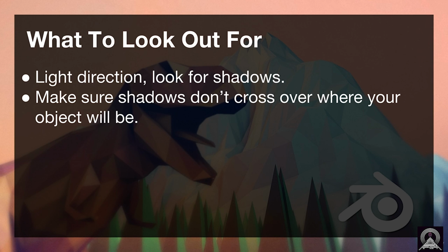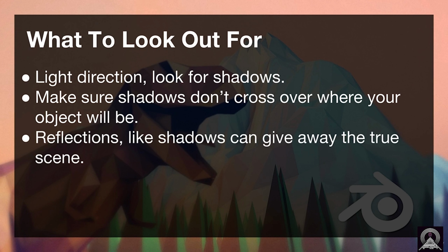Certainly there will be instances, if you ever go into this fully, where you will have to edit the actual picture or video and cut things out and mask things off, but we're not going to go quite that deep a dive in this section. Reflections are very similar to shadows. They can give away the true nature of a scene. And so we do have to be careful if there are reflections.